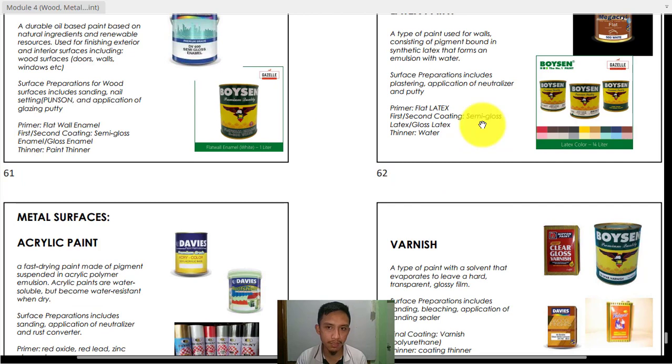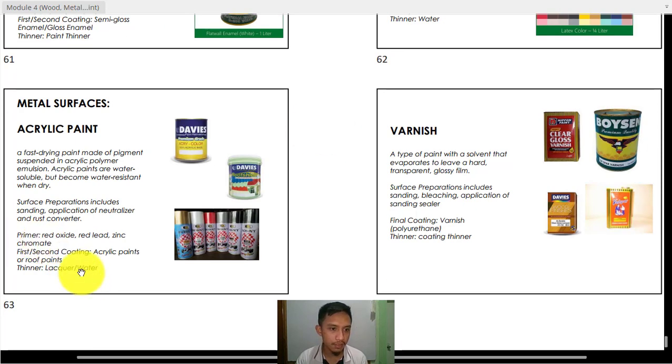So again, your primer should be followed. For acrylic, your primer is red oxide, red lead or zinc chromate. And then the second coating will be acrylic paints or roof paints. And our thinner or solvent there could be lacquer or water.